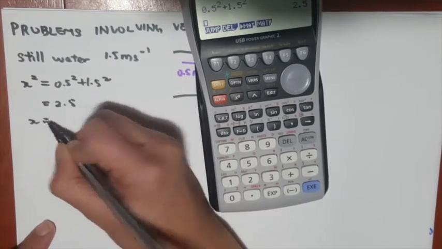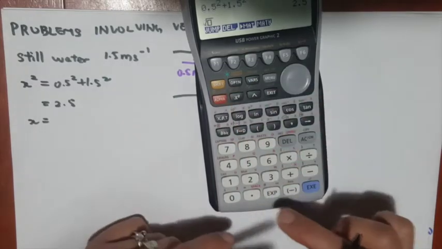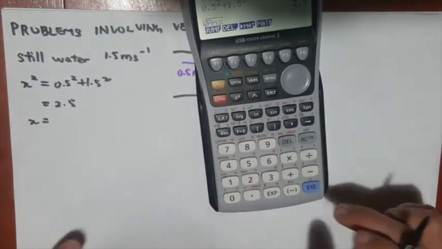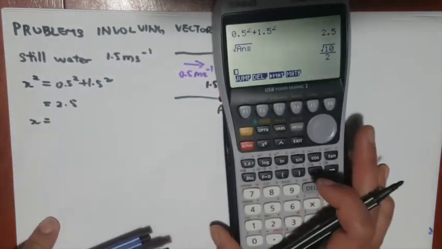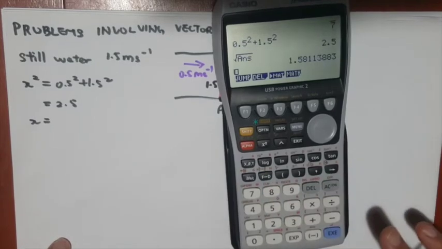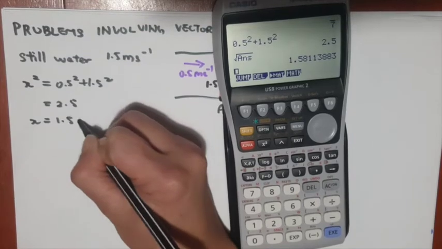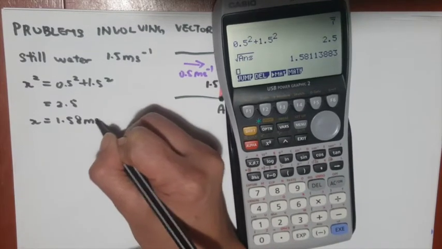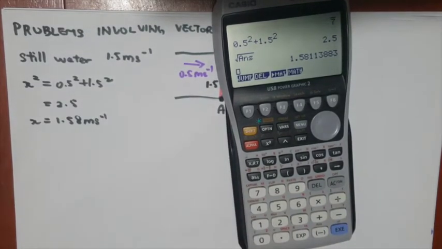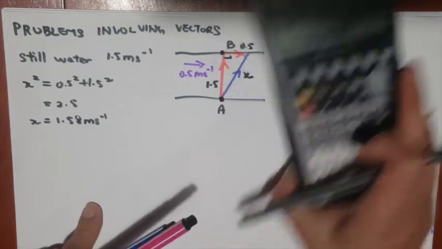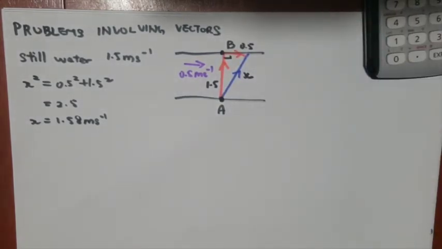To get just x, we have to square root 2.5, and therefore we got 1.58 as the new speed.